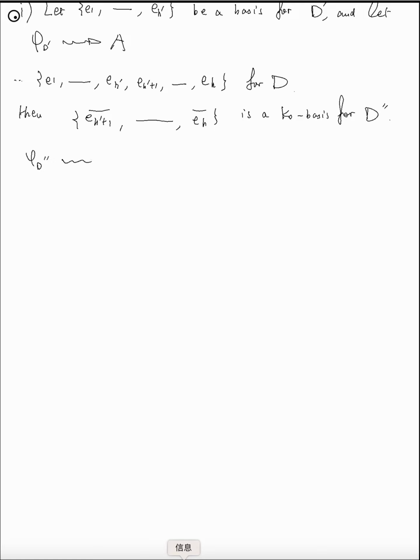For phi D double prime, let's suppose its associated matrix is B. Over this part you have phi of D prime, which corresponds to A, and for this part you have phi of D double prime, which corresponds to B. And so for phi D, the matrix should look like this under these fixed bases: here is A, and here is B, with something in between.